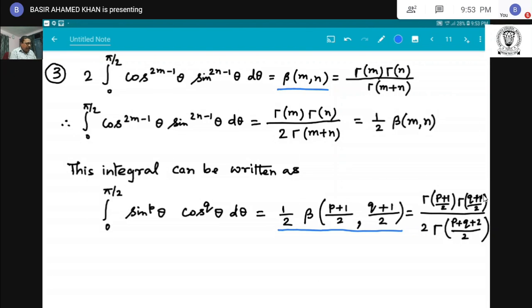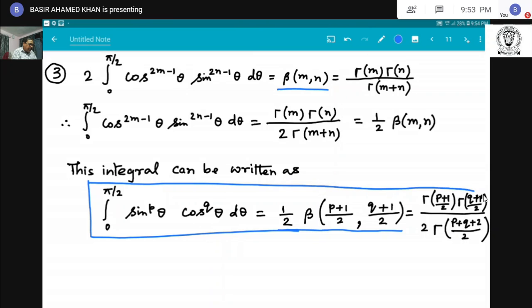This is another form of beta function. That means we get 0 to pi by 2 sine p theta cos q theta d theta equal to half beta p plus 1 by 2 comma q plus 1 by 2.